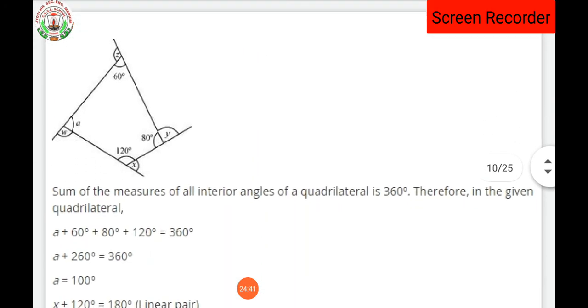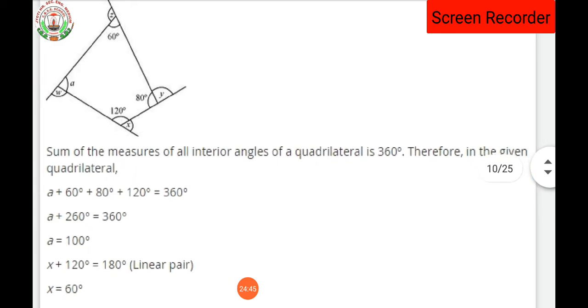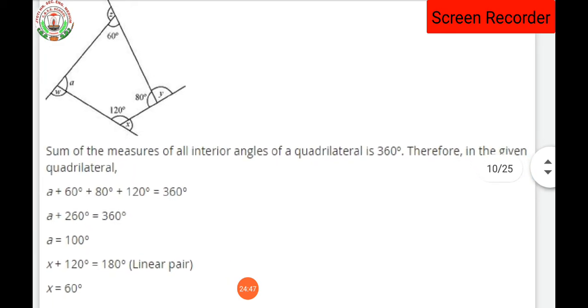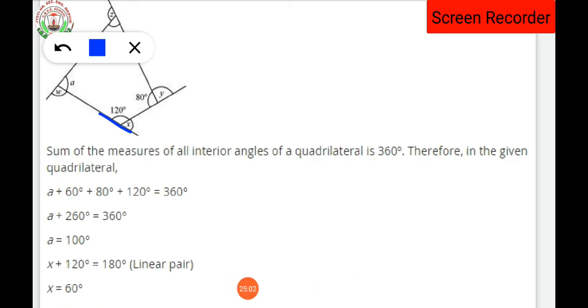Now the last part of this, what is the answer we are having? The sum of the measures of all interior angles of a quadrilateral is 360 degrees. Therefore in the given quadrilateral, what is the given quadrilateral? See dear student, again you can use the linear pair axiom for this part and this part.